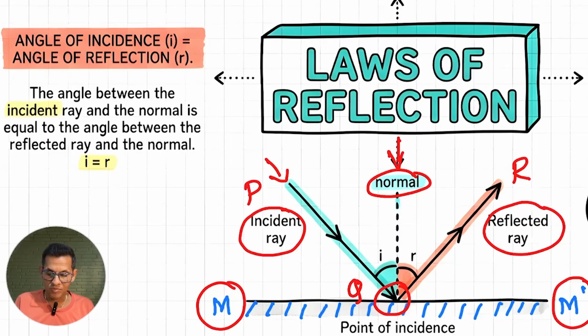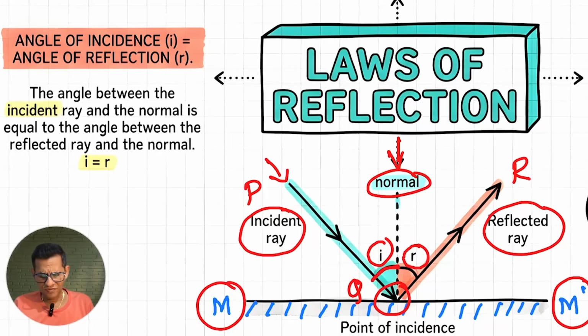The angle formed by the normal with the incident ray is called the angle of incidence, given by letter I, whereas the angle formed by the reflected ray with the normal is given by letter R, and it is called the angle of reflection.